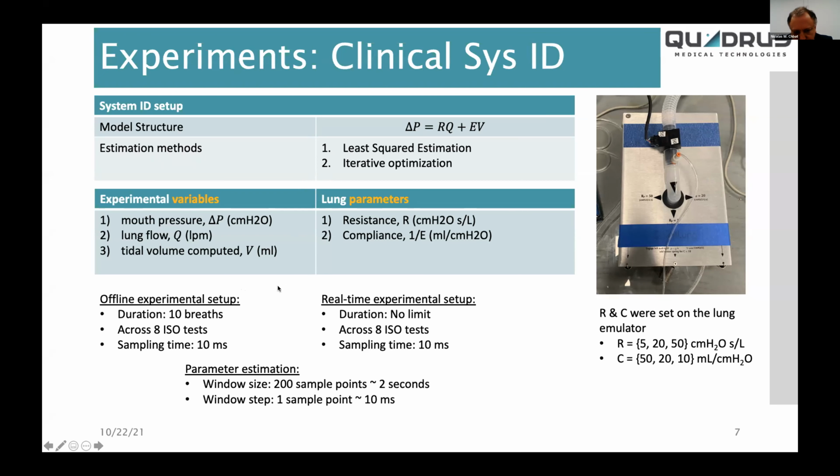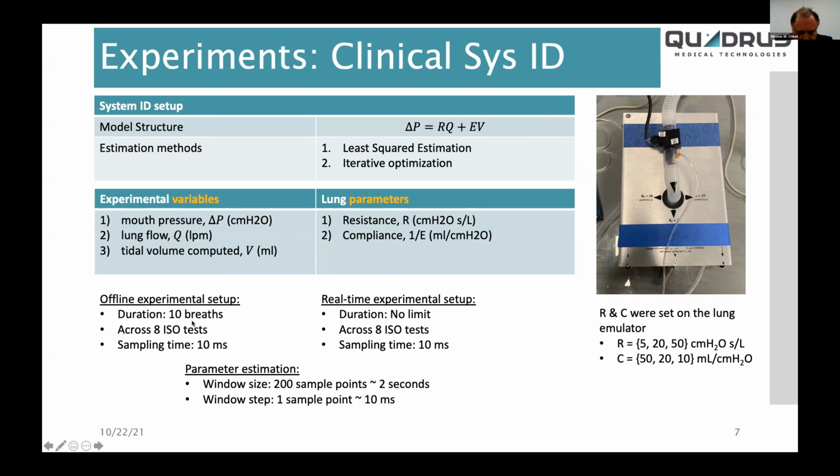The experimental variables were captured from the flow sensor, which you see here as a black device, and the pressure sensor, which is a tube attached at the mouth of the lung emulator that goes to a pressure sensor. The experimental variables are mouth pressure, lung flow, and tidal volume computed from the lung flow. The lung parameters that we are trying to estimate are resistance and compliance. The estimation methods that we used were least squares estimation and iterative optimization.